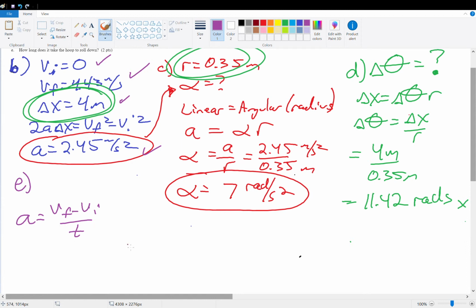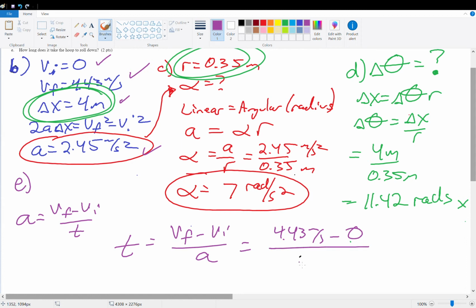Solve for t. vf is the 4.43. Our initial velocity was 0. Acceleration is 2.45 meters per second squared. Divide it out, and you get 1.81 seconds. All right, and that's it.